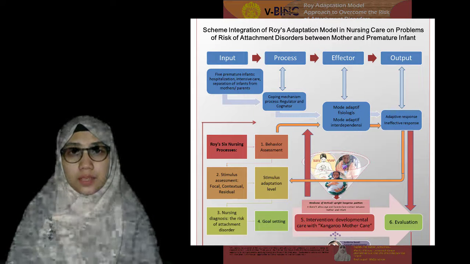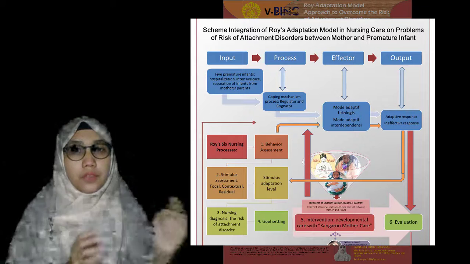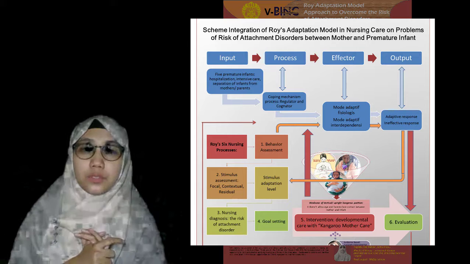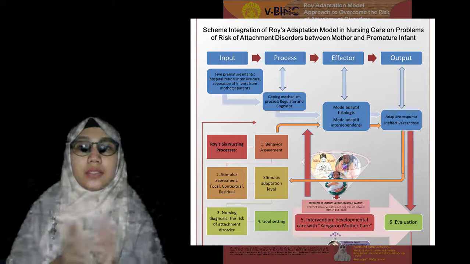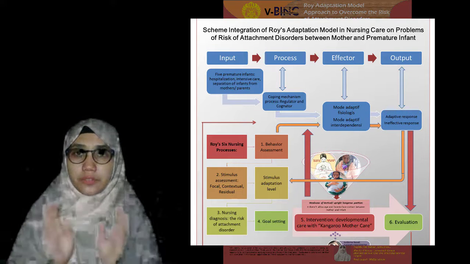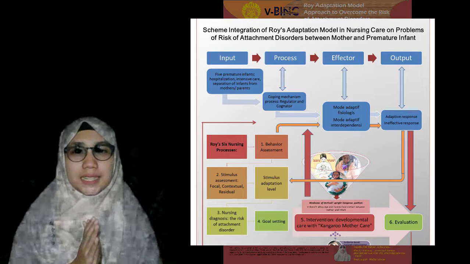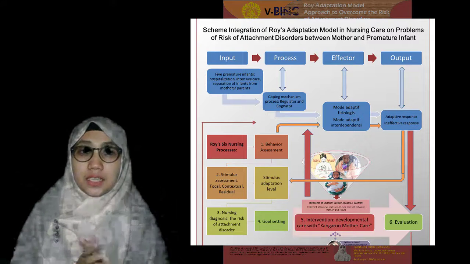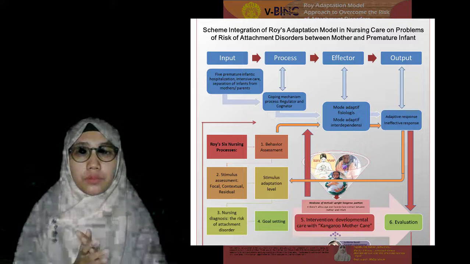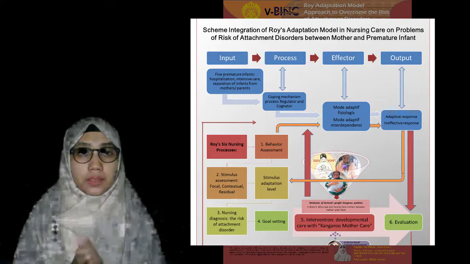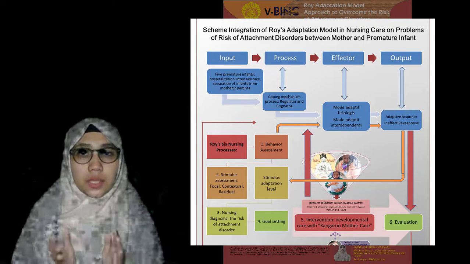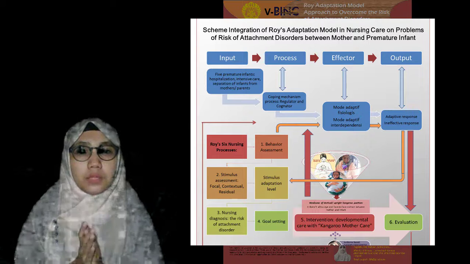And then the sixth step is to evaluate the response to the implementation of care that has been carried out for 5 patients. In this case study, it is known that most of the goals of care can be achieved or partially achieved, although it can also be said that it cannot be addressed as a whole.